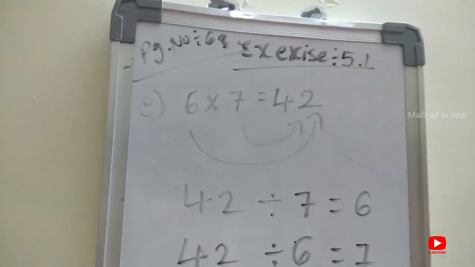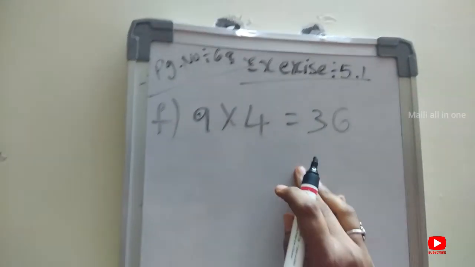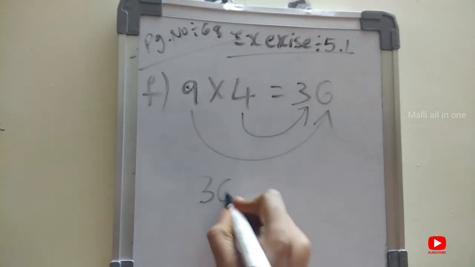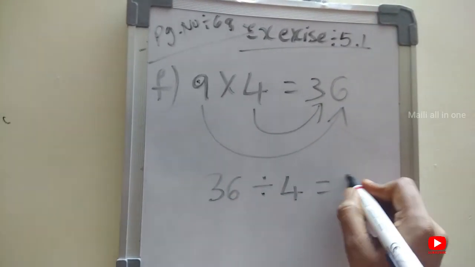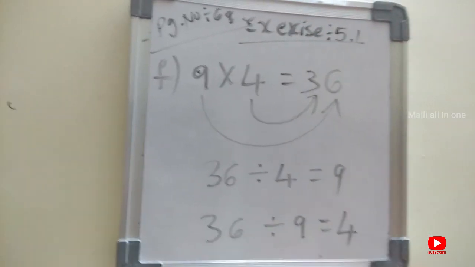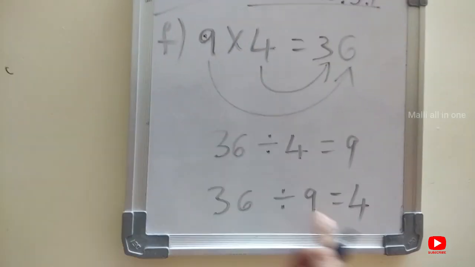Okay. Now F sum. 9 into 4 equals 36. This is the division fact now. Divided with 4 and next divided with 9. 36 divided by 4 equals 9. 36 divided by 9 equals 4. Understand, children? This 36 can be written on the right side also, no problem.